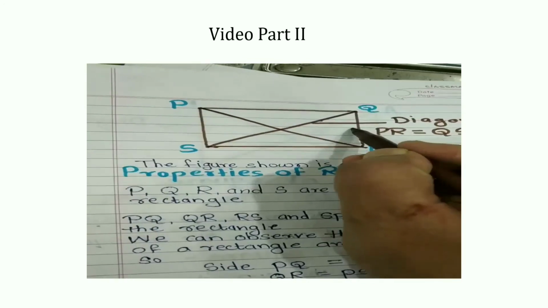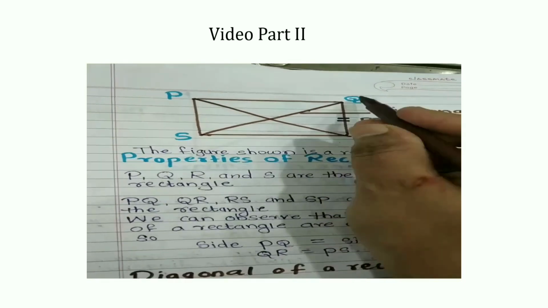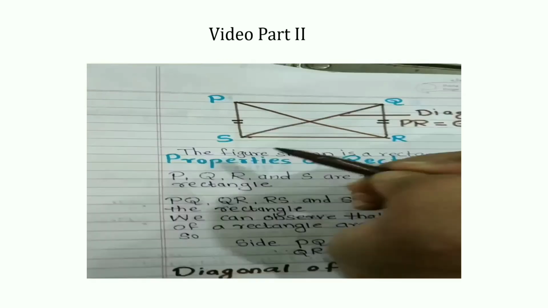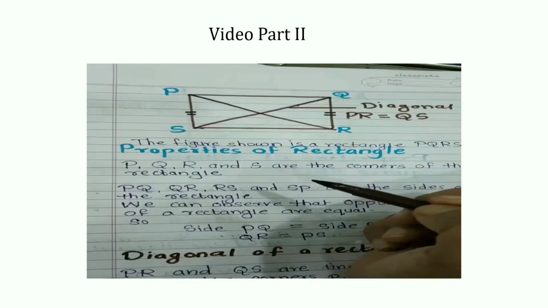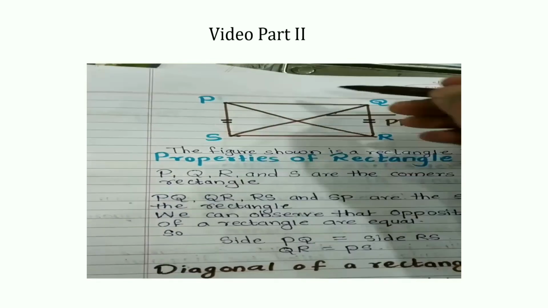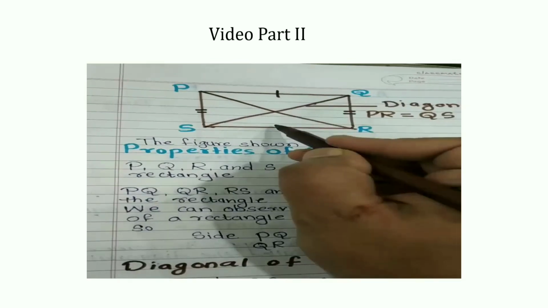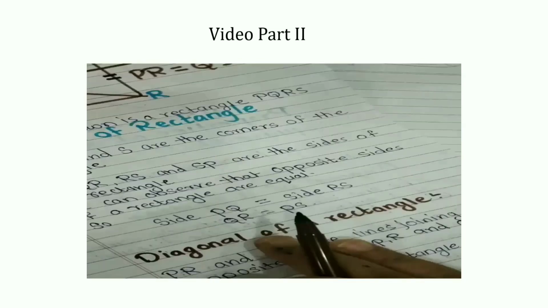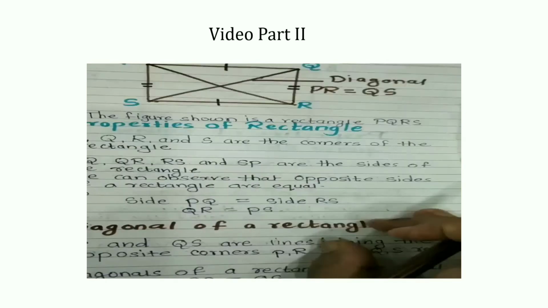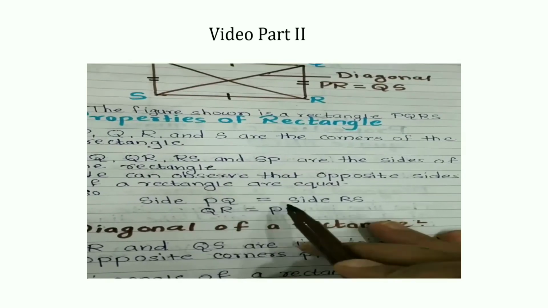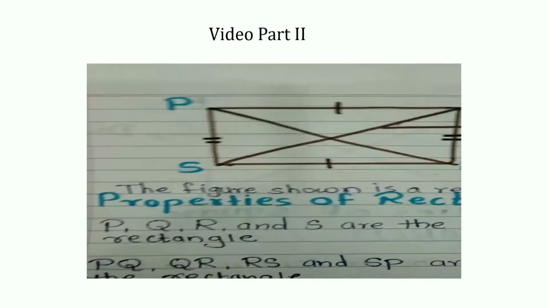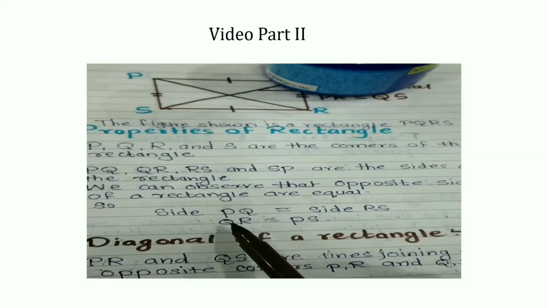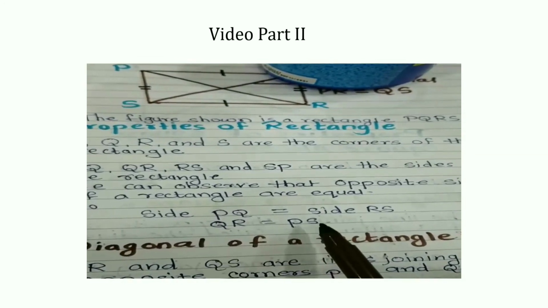Here opposite sides means side QR and side PS are equal, whereas side PQ is equal to side RS. So we can say side PQ is equal to side RS, and side QR is equal to side PS.